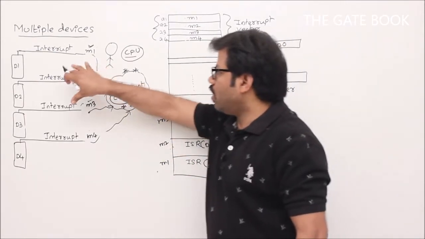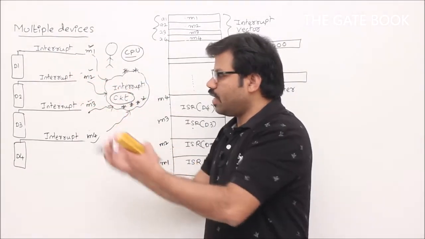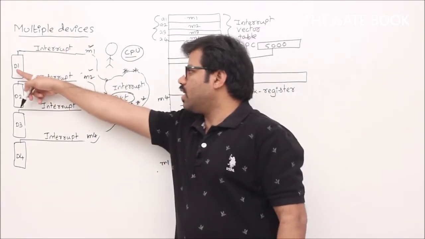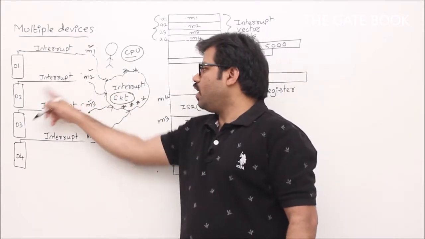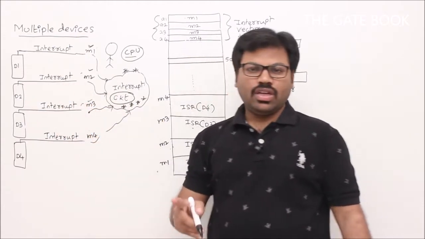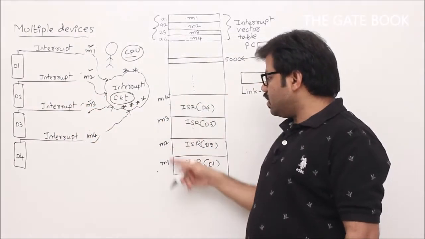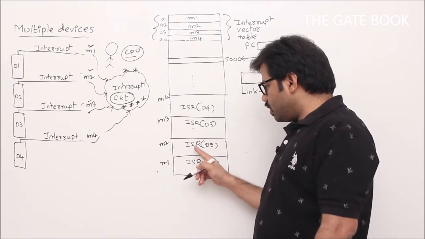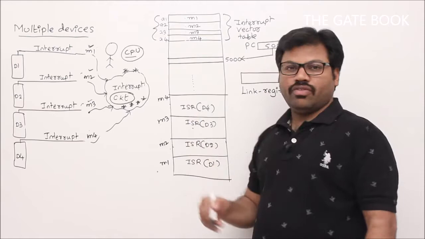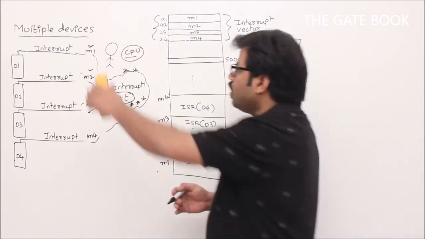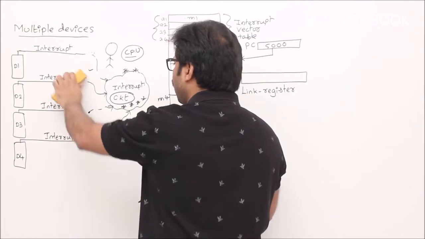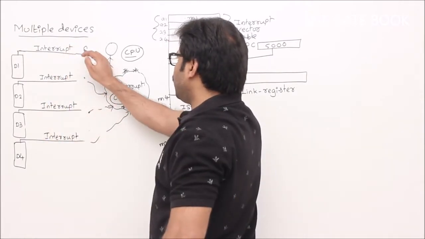Once you hard code, once you design this kind of circuit, assume designers decided to give device 1 the M1 address, D2 M2, D3 M3, D4 M4, then later we cannot change these memory addresses; we always have to write interrupt service routines in these places only. We can't move them, correct? But if I write just an indirect pointer, you always get the advantage because of pointers.